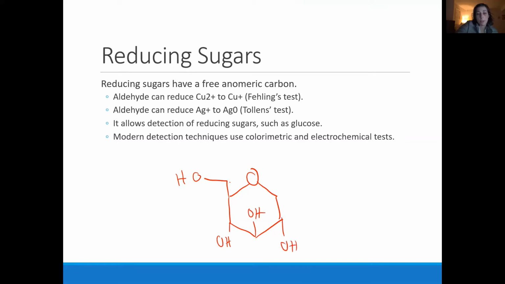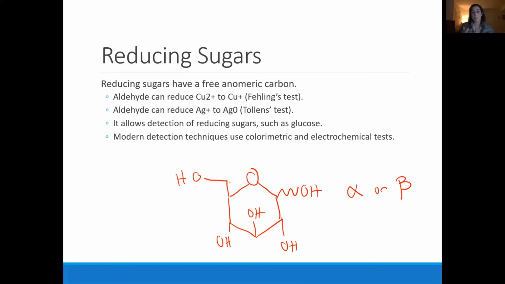I'm just happening to draw glucose. And our new OH group that forms to the right of the oxygen where we have cyclized. This sometimes can be represented as a squiggly line to represent that it could be in the up position or the down position, or again, it could be the alpha or the beta form.